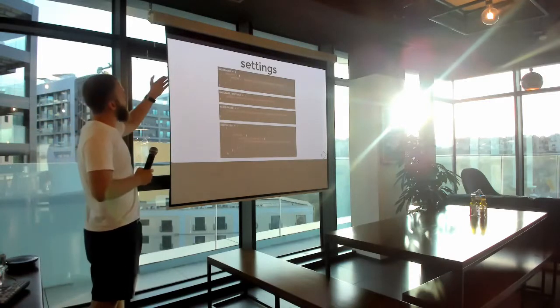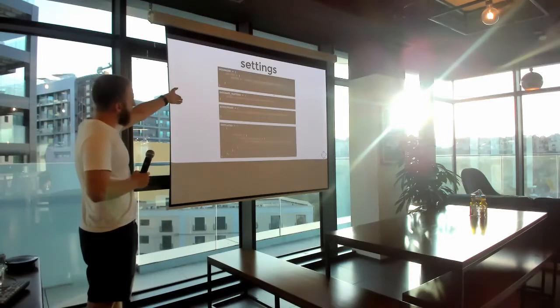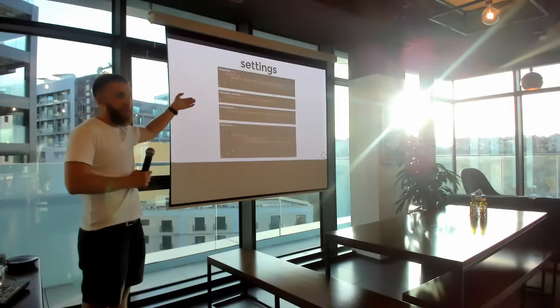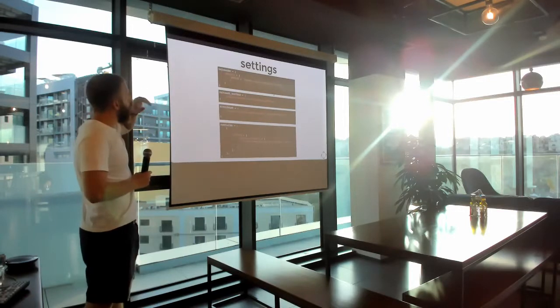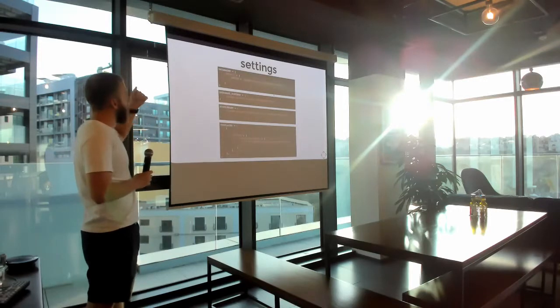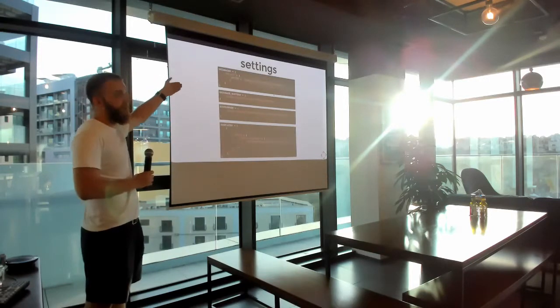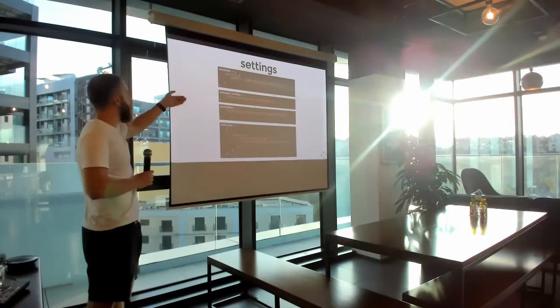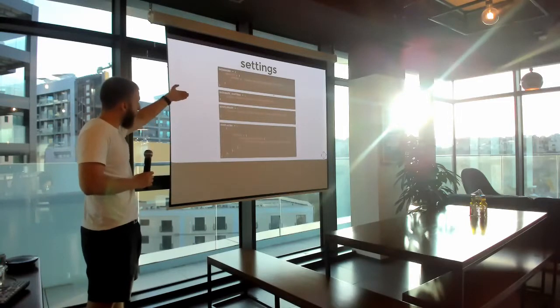Okay, I just want you to look at this and see how simple it actually is. In order to get django-tenants to work, you need to change the database engine for Django. You need to change the database router.